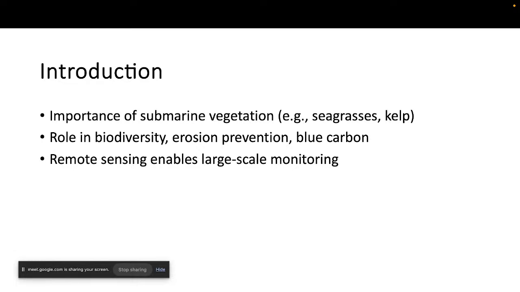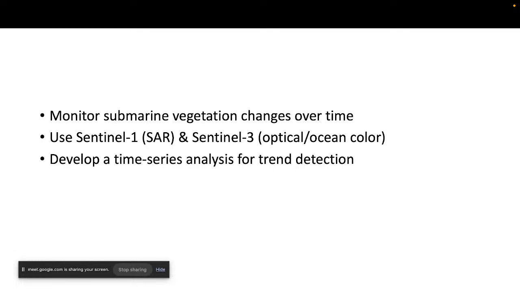We can take a big study area covering the whole submarine area, and then monitor the vegetation and compare it across different time periods using different types of satellite sensors. And we monitor submarine vegetation change over time using Sentinel-1 SAR data.